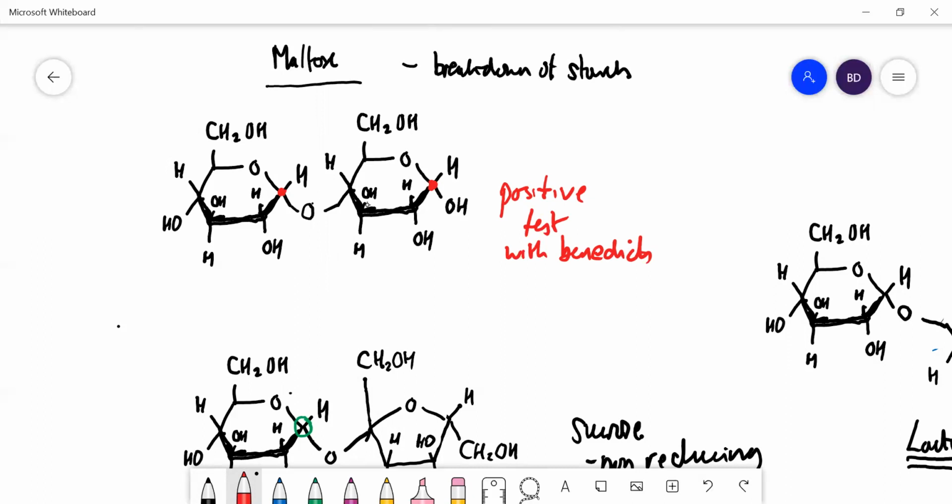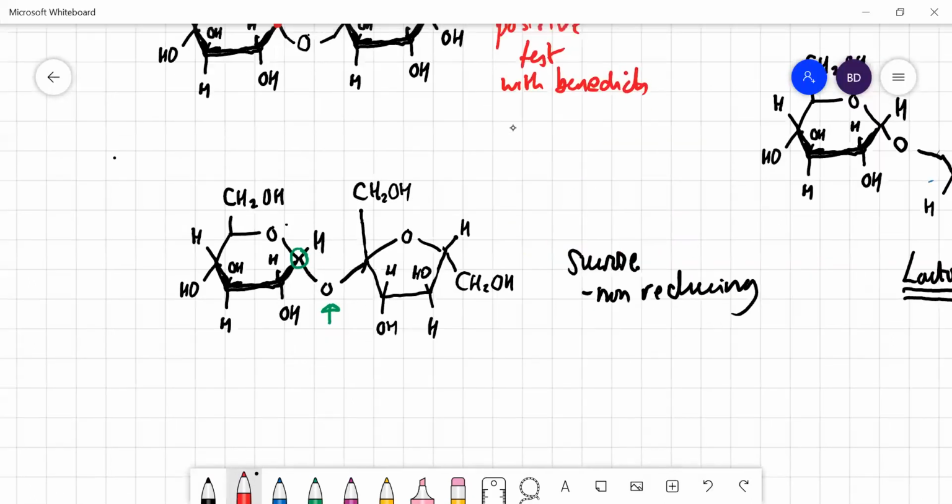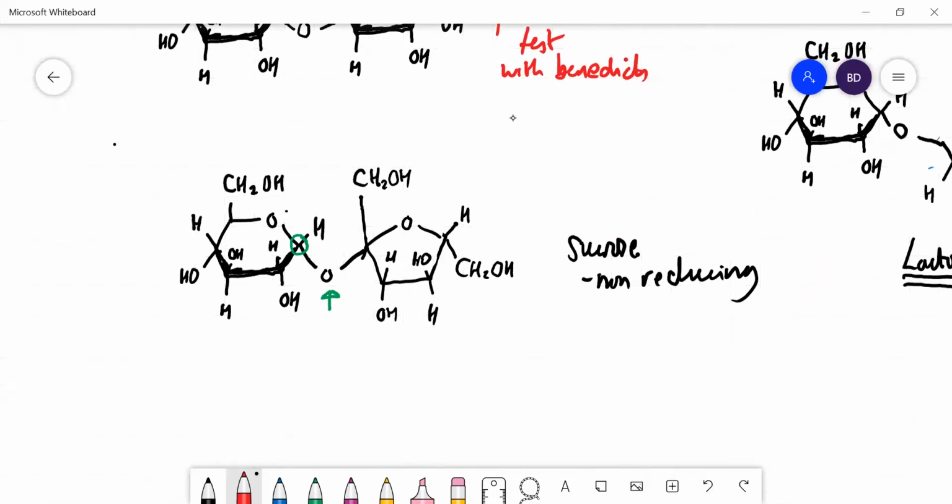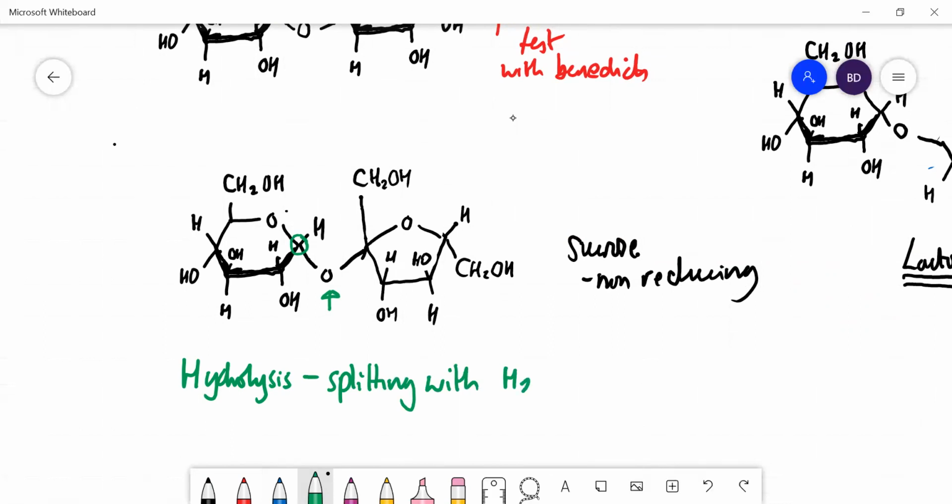Okay. Now I've used this word hydrolysis quite a lot. Now what does hydrolysis mean? So I'll write it down here. Hydrolysis is the opposite of condensation, so the forming of a glycosidic bond. It's splitting with a water molecule, with an H2O.